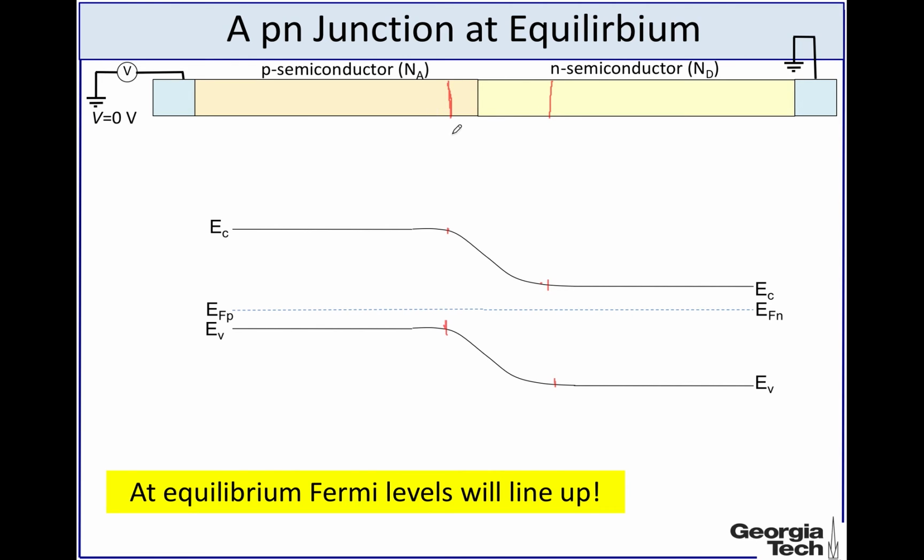The depletion width in the P type semiconductor is like this, and the N type semiconductor will look like this. We will not talk a lot about the depletion width and the quantitative features of the depletion, but the most important thing to remember is that the depletion width or the depletion region corresponds to the region where the band bending occurs. Alright.